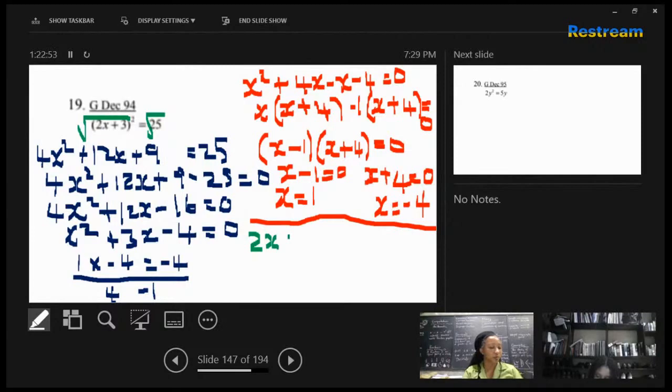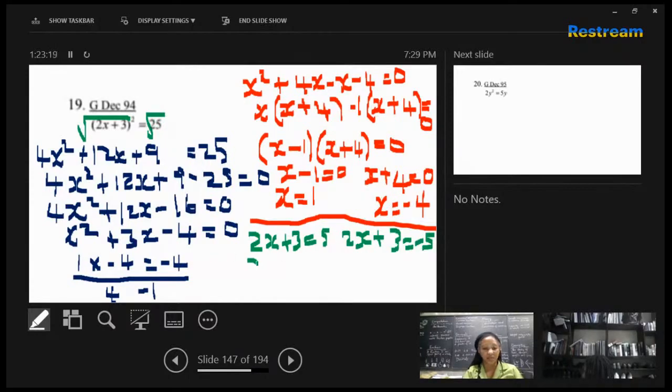2x plus 3 equals 5. But we'd also have to have 2x plus 3 equal negative 5. Why? Because the square root of 25, like I just told you, is not just 5, it is also negative 5.